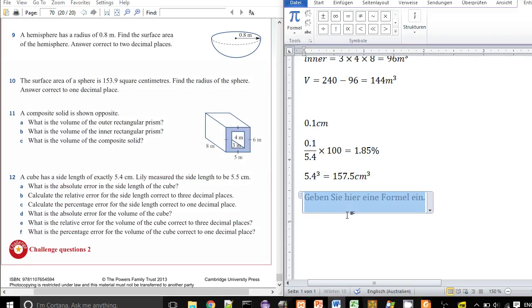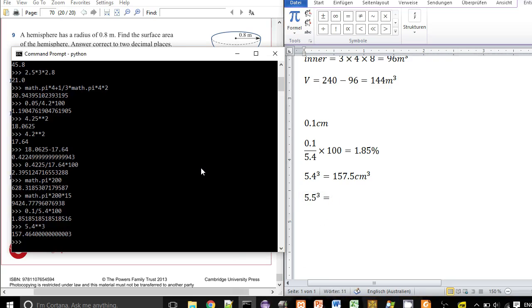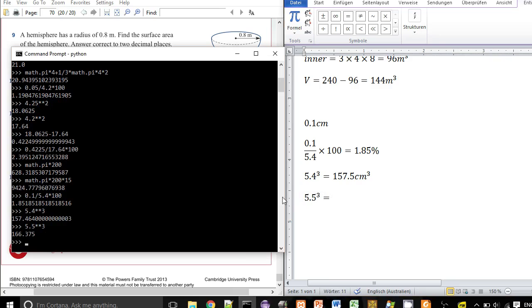But she was off by a bit, so 5.5 cubed. What she would calculate it as is 166.4. Let's do the same number of decimals. So then we can compare them. I'll just do it like this.